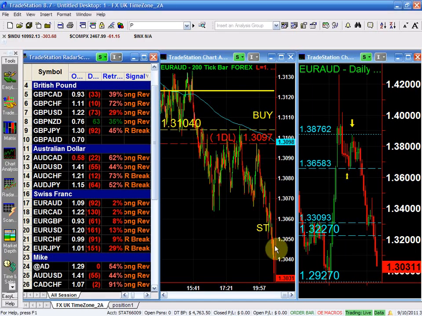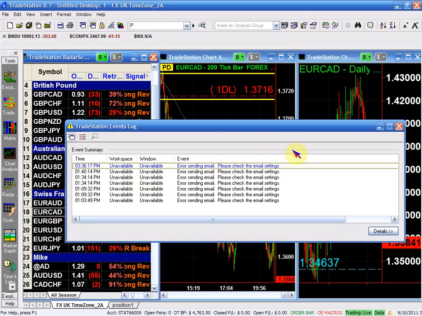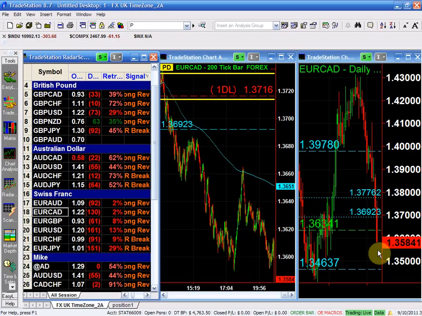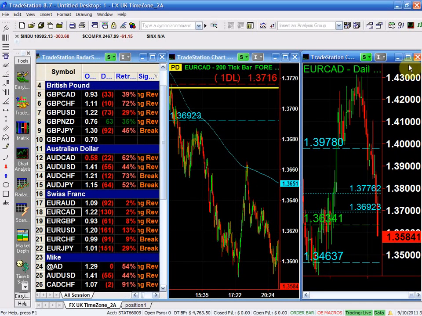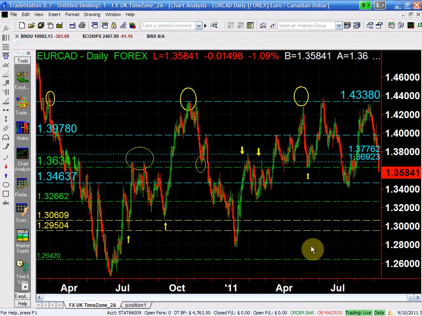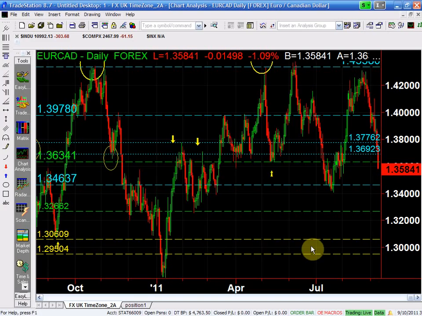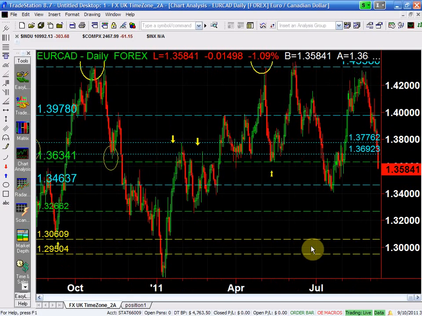The one reservation that I have about the Euro CAD, guys, looking at this chart, there shouldn't be any reservations, to be honest with you.